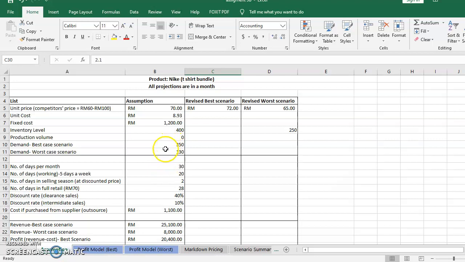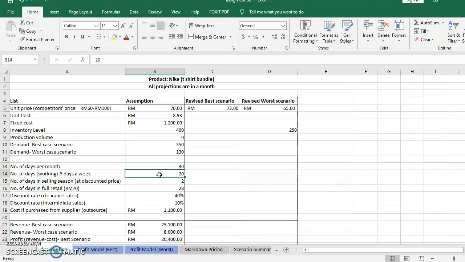For the base case scenario, I assume my demand is 350 units, and in the worst case scenario it is 130 units. My business also sells online, therefore my operating days per month is 30 days. In the retail shop, operation is 5 days a week, from 10 a.m. to 10 p.m., amounting to 20 days in a month.